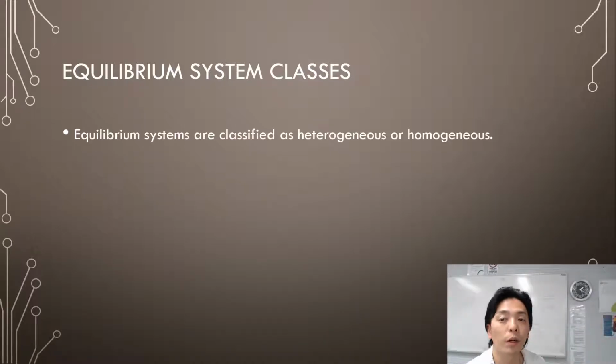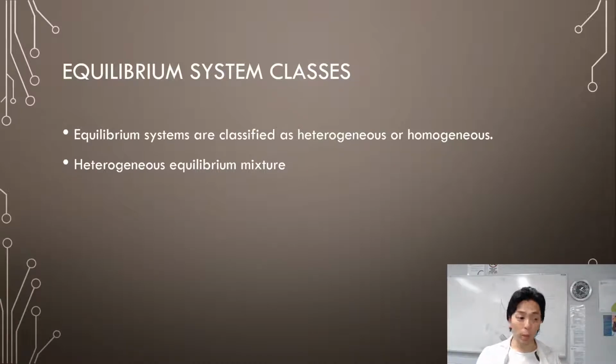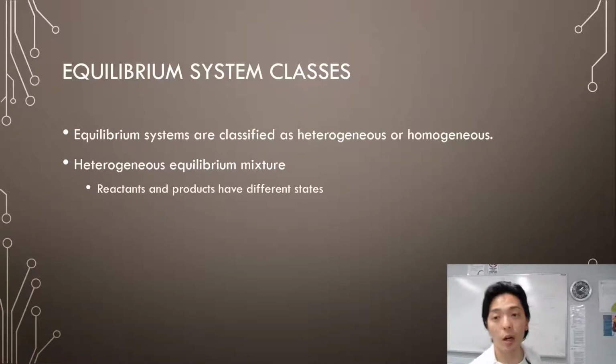Equilibrium system classes. There are a few different equilibria that we can talk about. One is equilibrium system being heterogeneous, and the other one being homogeneous. Heterogeneous equilibrium mixture has reactants and products having different states.